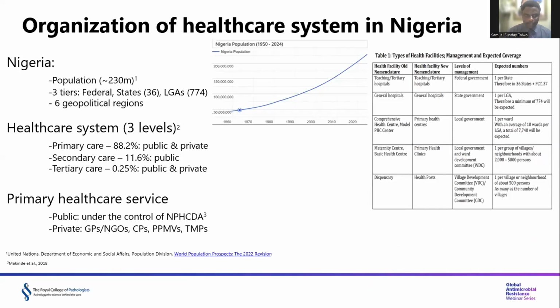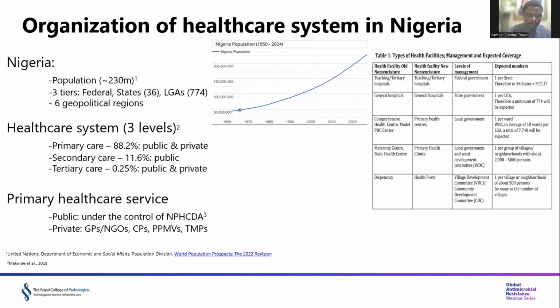It's mainly public under the management of the state government. And then you have the tertiary care that subserves about 0.25% of the healthcare service delivery, which is both public, by the federal government and state government, also private, as well as faith-based tertiary healthcare service delivery.